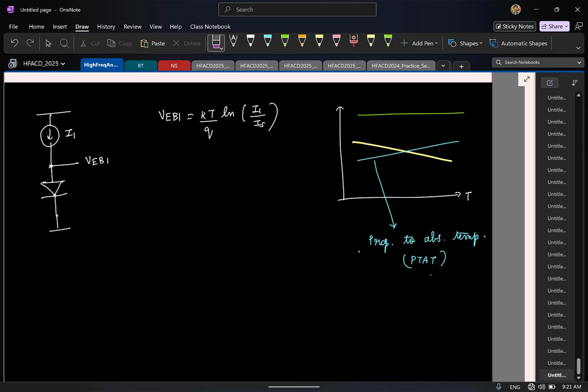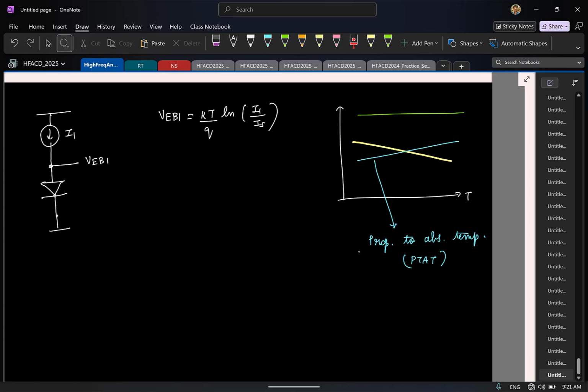Also called PTAT. So now our job is to try to generate some quantity or some voltage which has a direct proportionality to temperature, right?